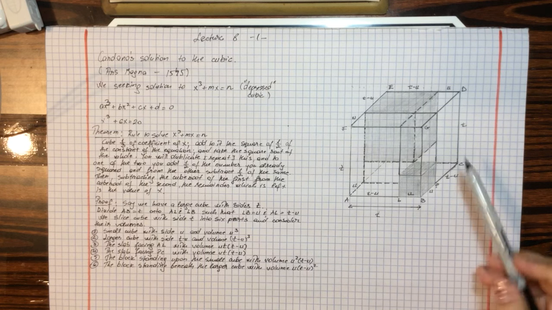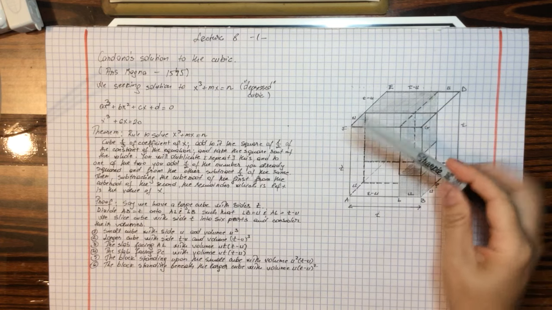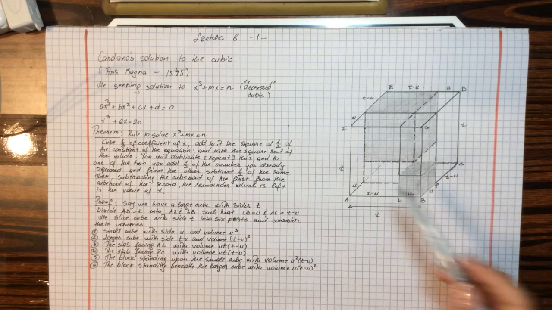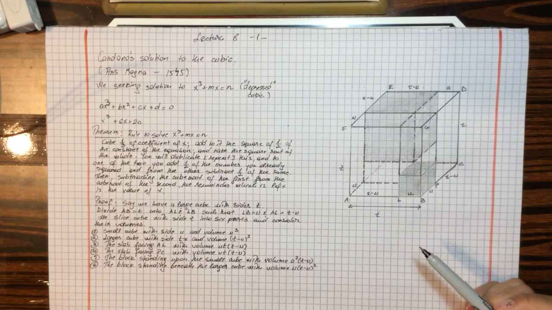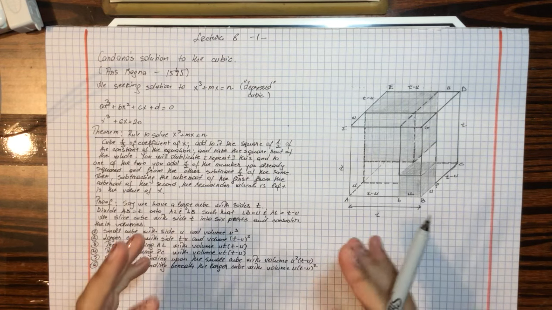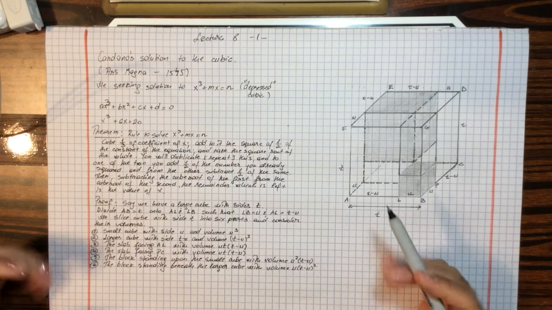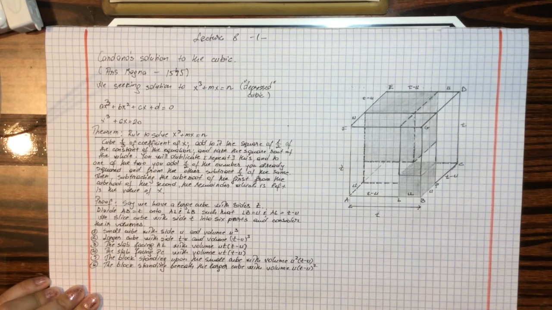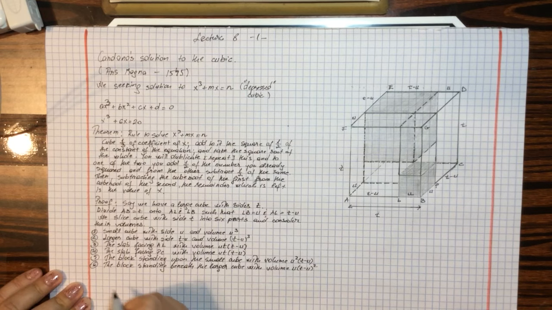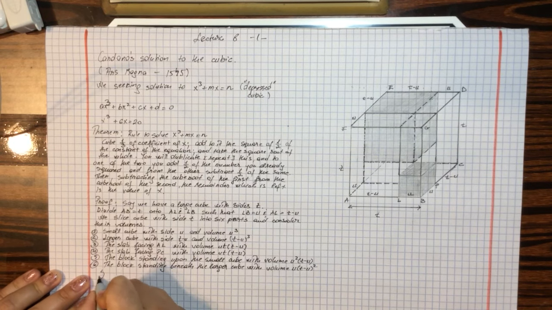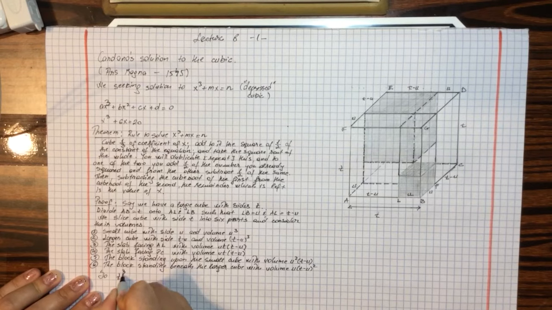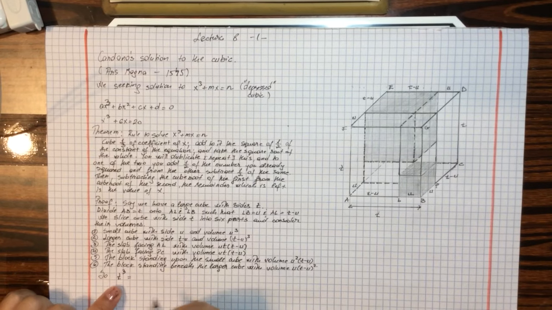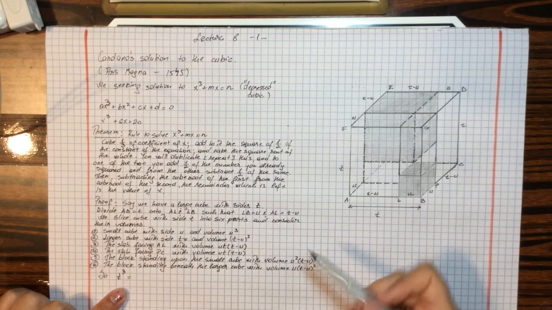Our original cube ABCDEFG is made of these 6 other volumes. So the total volume of our original cube, t to the third, is made up of adding all these other volumes.